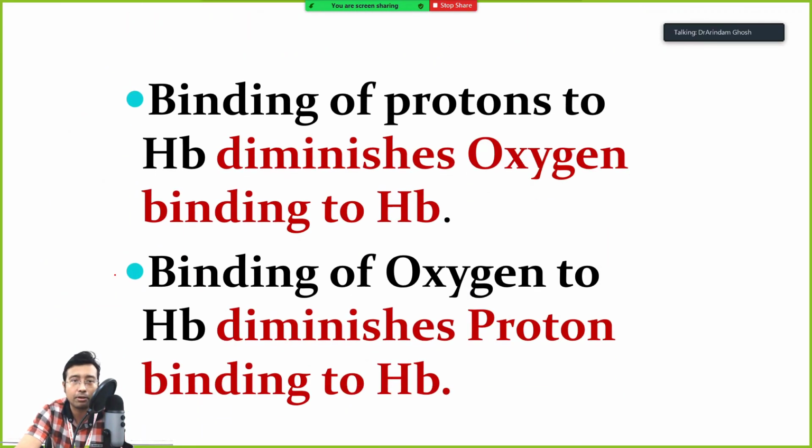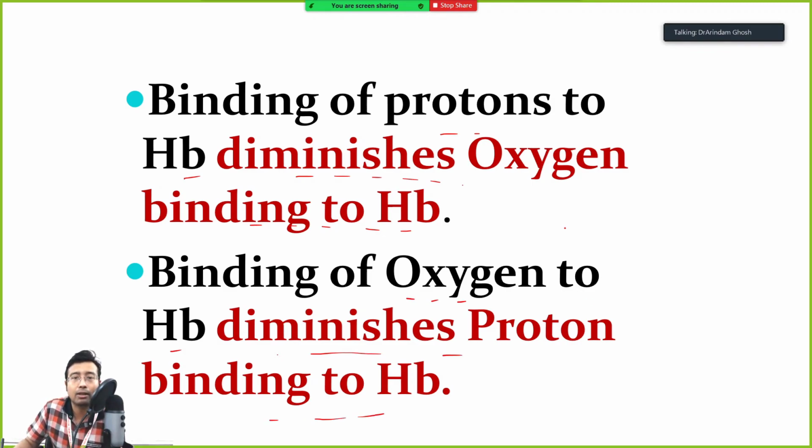Bohr effect is normal physiology. Basically, what I just told, these are the two main things. Binding of protons to hemoglobin diminishes binding of oxygen. If the proton is bound to hemoglobin, oxygen binding will not happen, so oxygen will be lost at the tissue level. And the reverse is happening at the lungs: binding of oxygen to hemoglobin diminishes proton binding to hemoglobin.